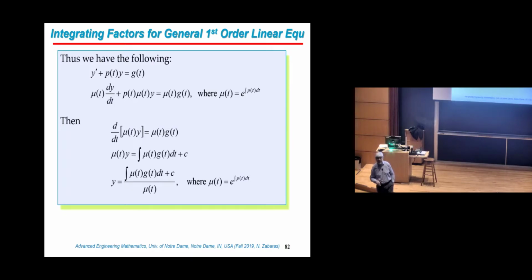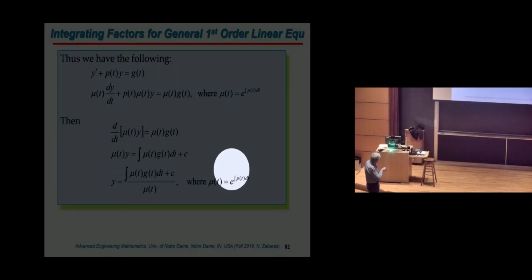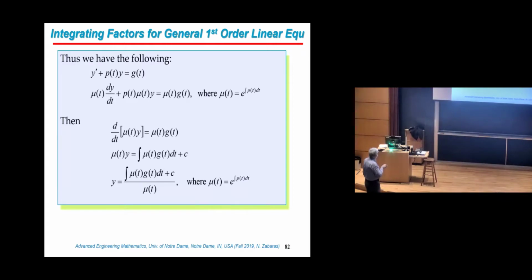Not equal to p, p times mu. So you're going to get the log of mu equal to the integral of p dt. So mu will be e to the integral of p dt. So this is the general solution using this integrating factor, all right? For the case where the coefficient is not constant, but it is a function of t.